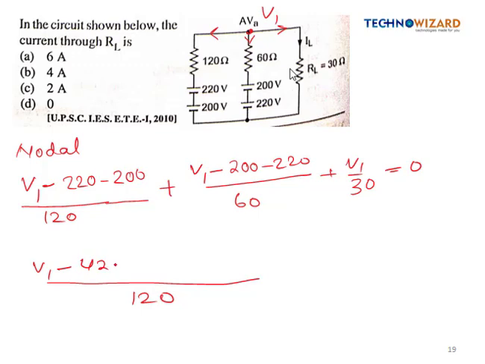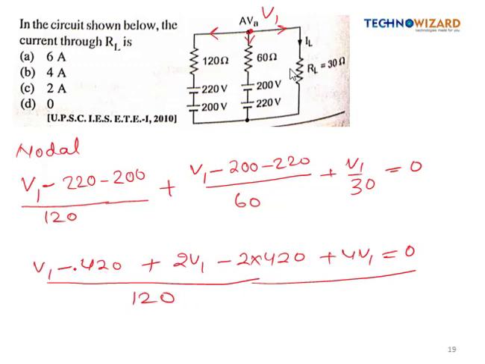So we simply take the LCM, which will be 120, so it will be V1 minus 420 plus 2V1 minus 2 into 420, plus 4V1 is equal to 0. So it will be 7V1 minus 420 minus 840 is equal to 0.